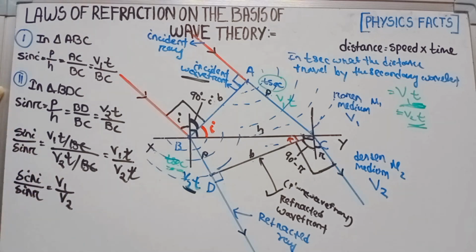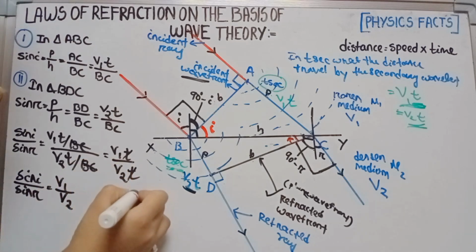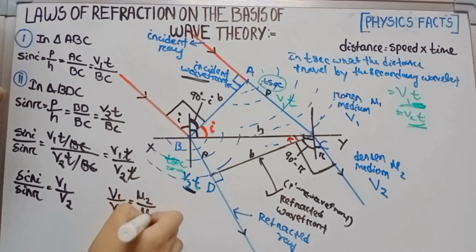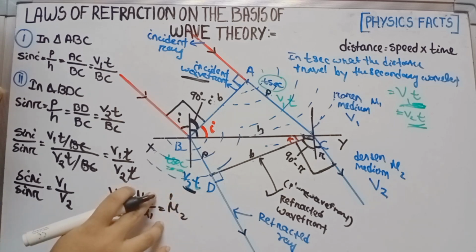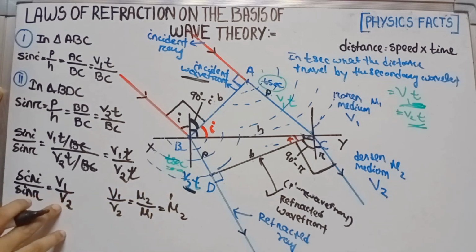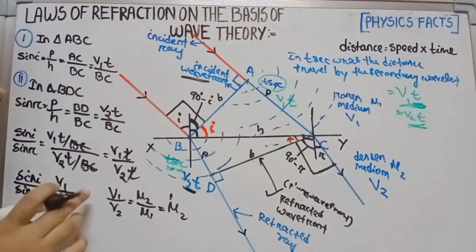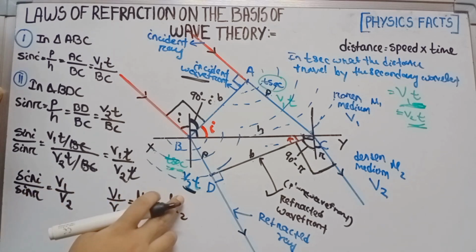Yes, students? Refractive index, we know that V1 by V2 equals mu2 by mu1, that is equal to mu21, the refractive index of the second medium with respect to the first medium. That means instead of V1 by V2, we can put the value mu2 by mu1, that is equal to mu21.